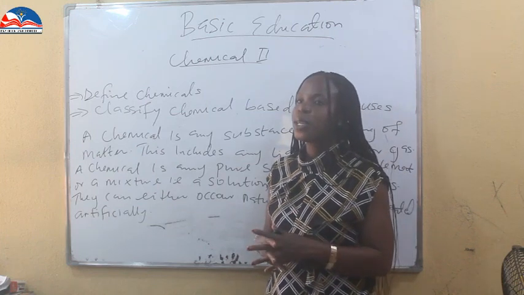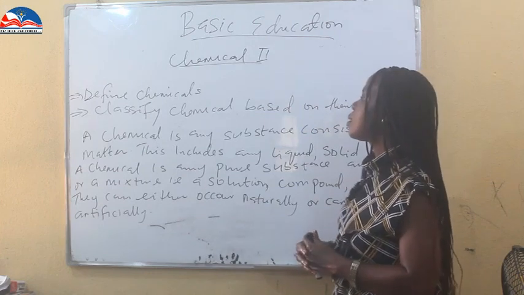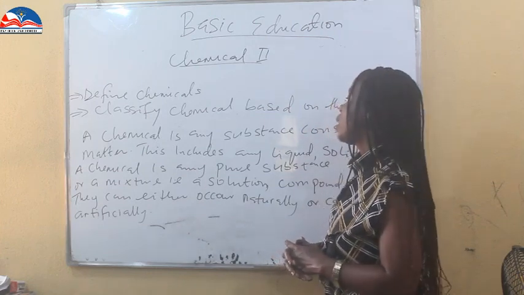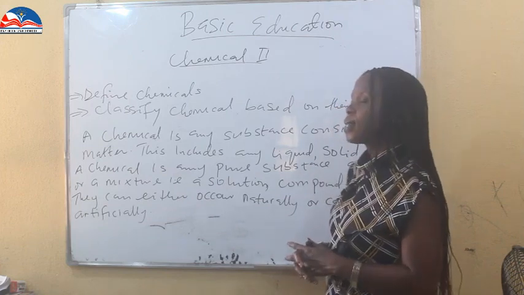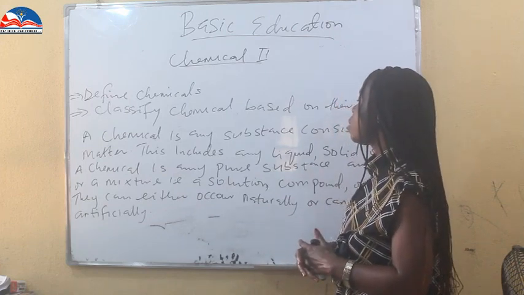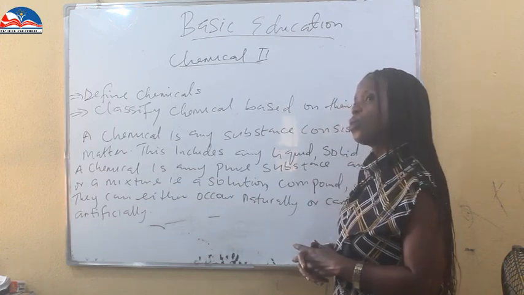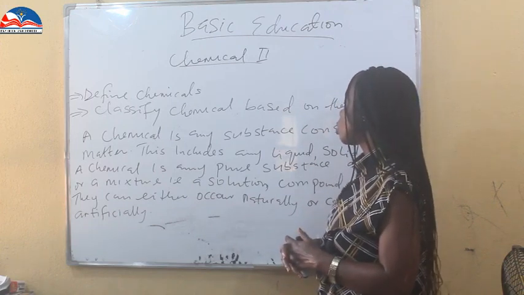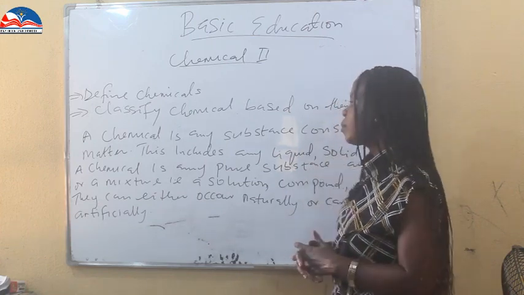Now let me go through it again. A chemical is any substance consisting of matter. This includes any liquid, solid, or gas. A chemical is any pure substance, an element, or a mixture. That is, a solution, a compound, or a gas.